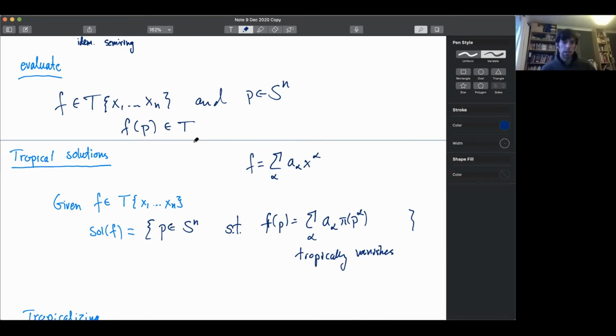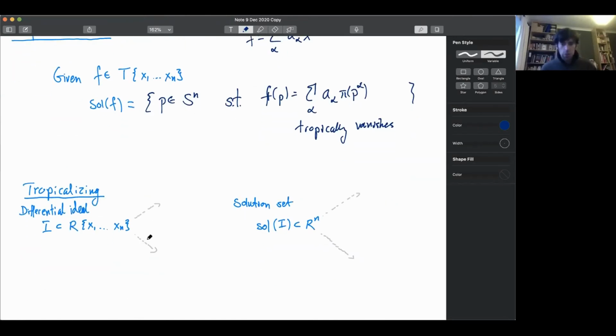So that's to say that if T is totally ordered, then I'm saying the minimum in the summation occurs at least twice. And if T is not totally ordered, then I'm saying this more general bend relations thing that I can delete any one term from this summation without changing the value of the whole thing. So that's what it means to be a solution.